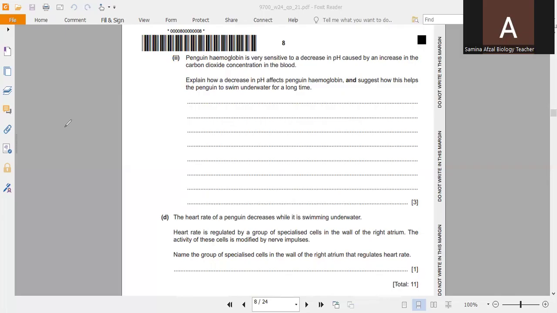It facilitates the unloading of oxygen from hemoglobin and delivers it to the tissues that need it most. So in this way, a decrease in pH affects penguin hemoglobin and it helps the penguins to swim underwater for a long time. I'm going to write this explanation right now.